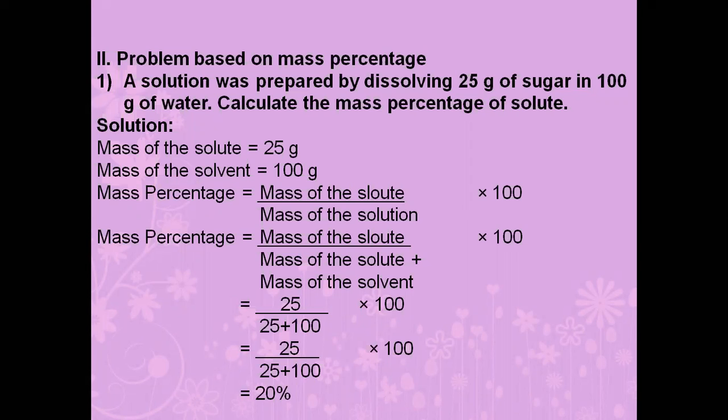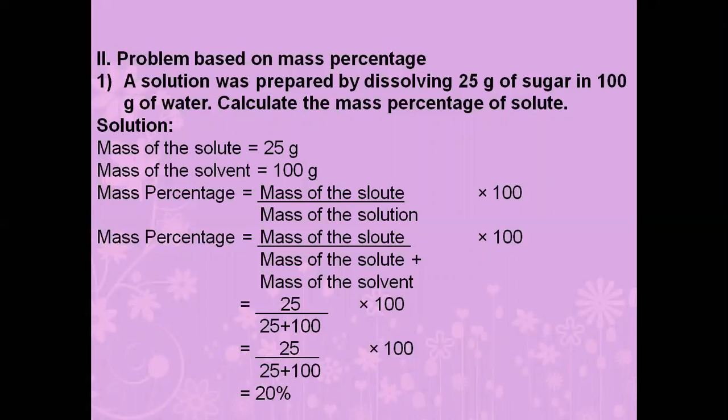So the mass of the solute is 25 gram, that is sugar. Next, mass of the solvent is 100 gram, that is water. The dissolving agent is called the solvent, and what is dissolved in a solvent is called the solute.